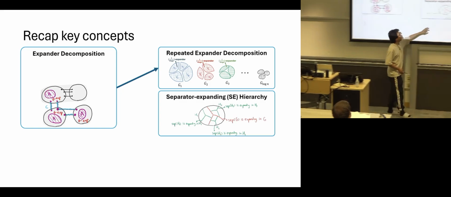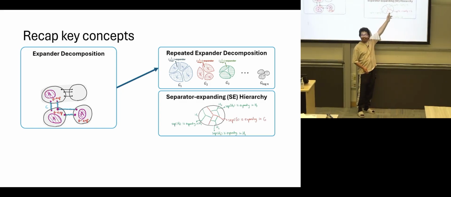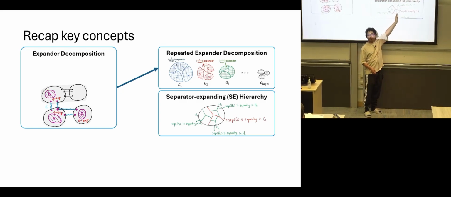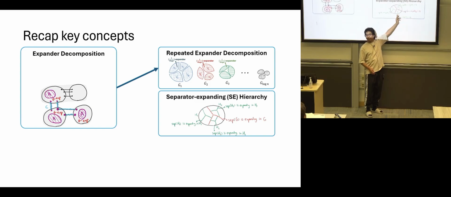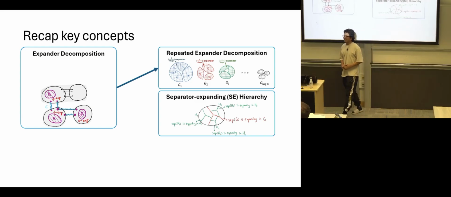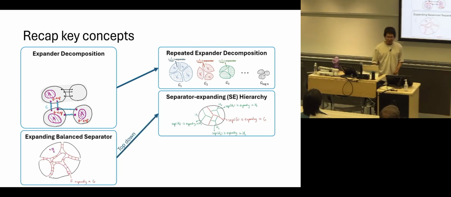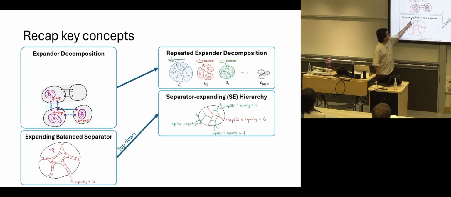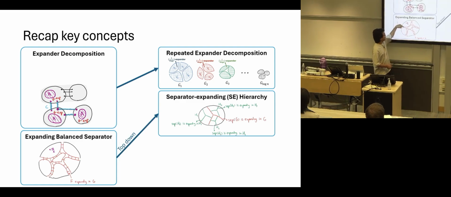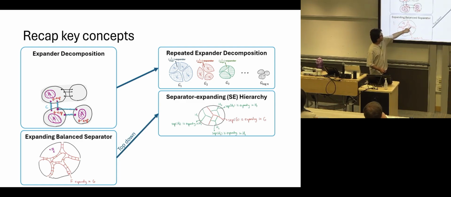If I want to build this hierarchy, what's the key object? Separator. Yeah, exactly. It's an expanding balanced separator, right? It's a set F here, the red thing, that is expanding in the graph.